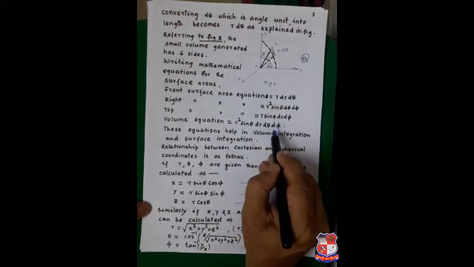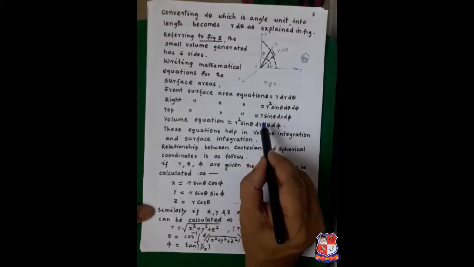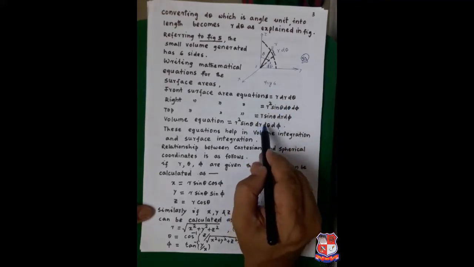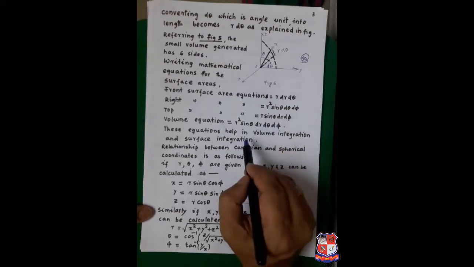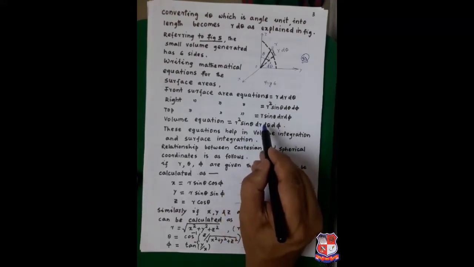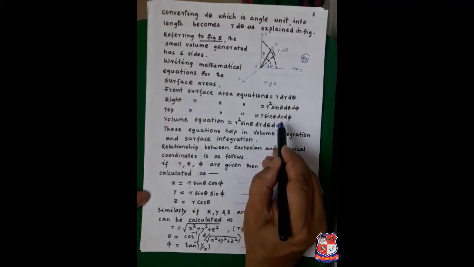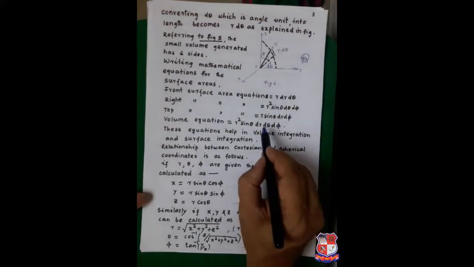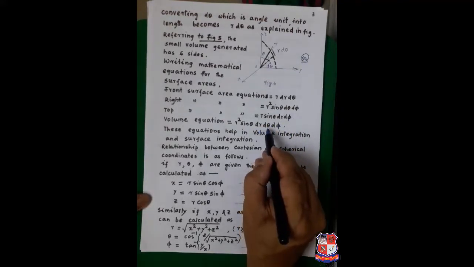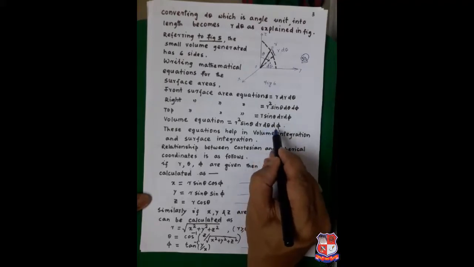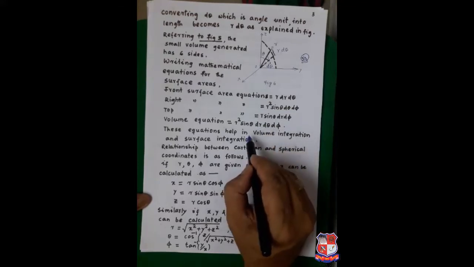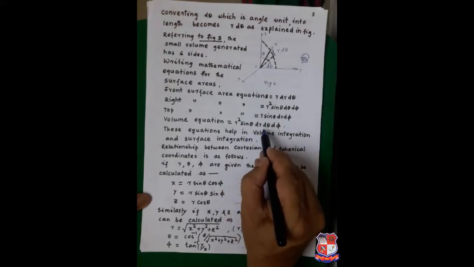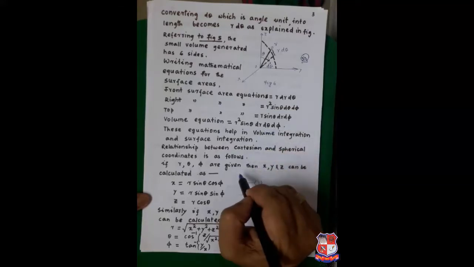How are these equations coming? In your Cartesian system, the volume was only dx dy dz, because dx, dy, dz are all in length units. But here, d theta and d phi are in angle units. So when multiplying the angle units with the length unit dr, we cannot simply take dr d theta d phi for the volume expression.